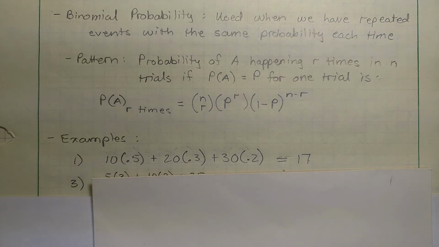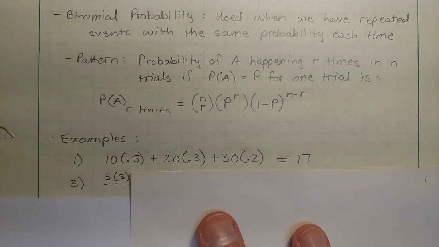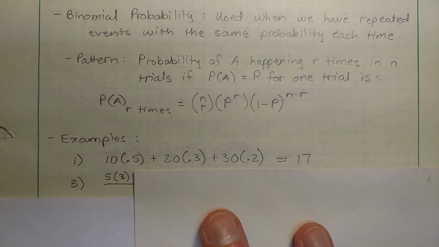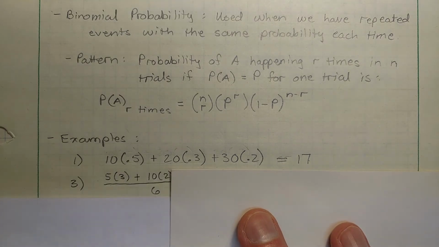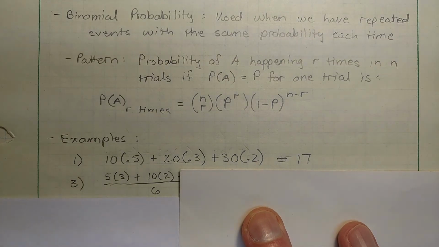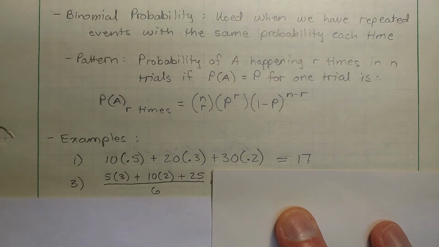Well, I've got a total of 6 faces, and 3 of the 6 have 5s. So I will take the 5 times 3, and then the 10 times 2, because 2 faces have that, plus 1 times 25, and divide it by 6.